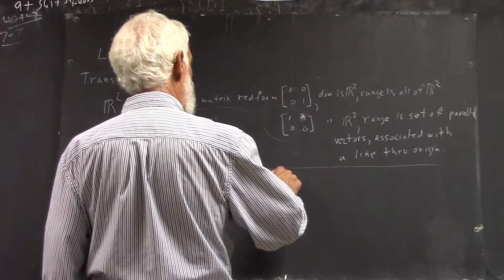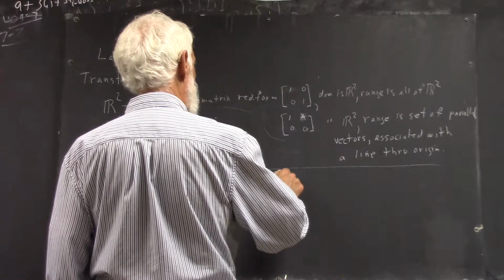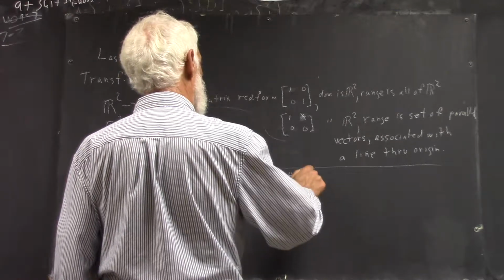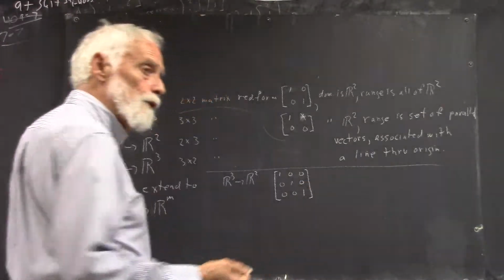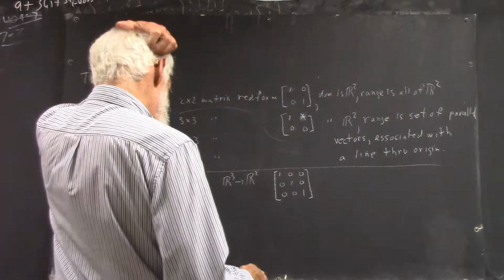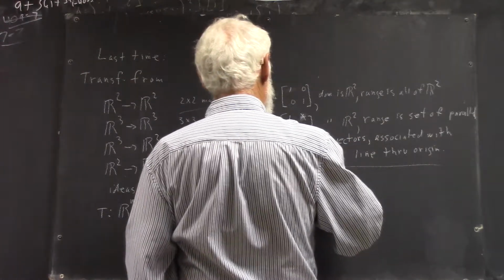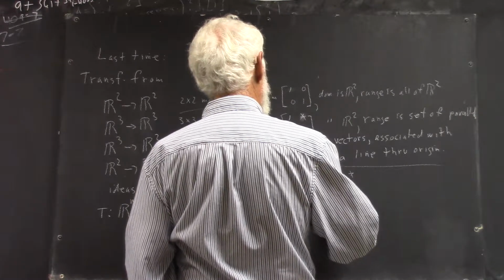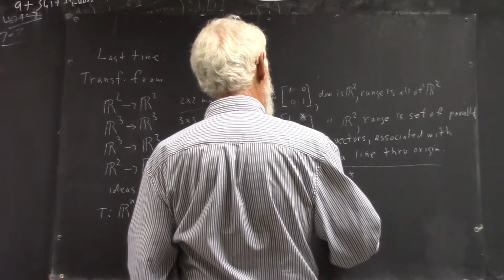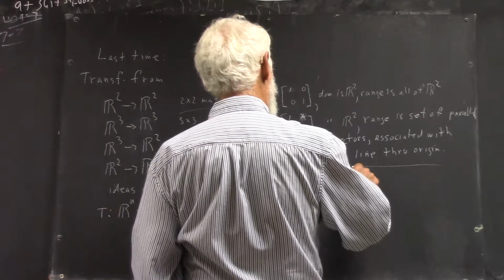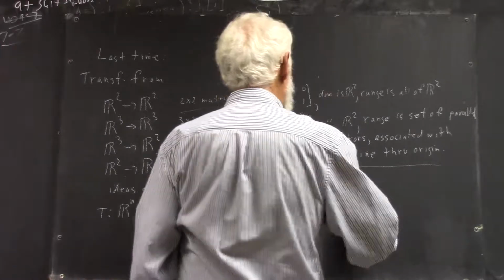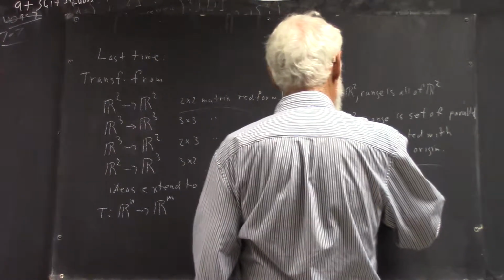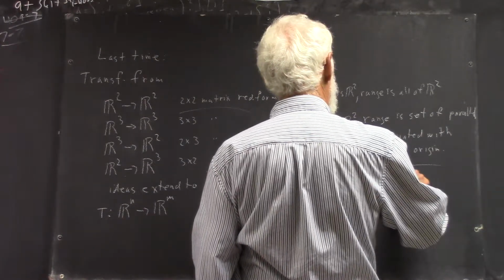Your matrix could reduce to this form. Of course, this is a reduced matrix, right? Could have this form. Could have this form.